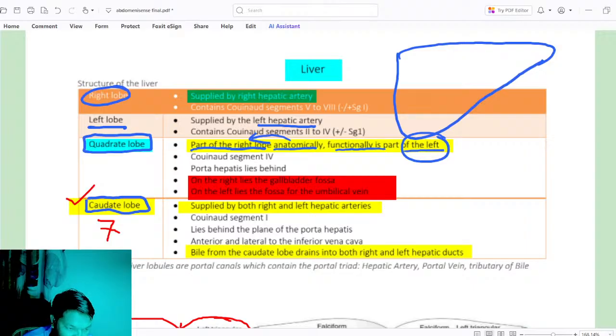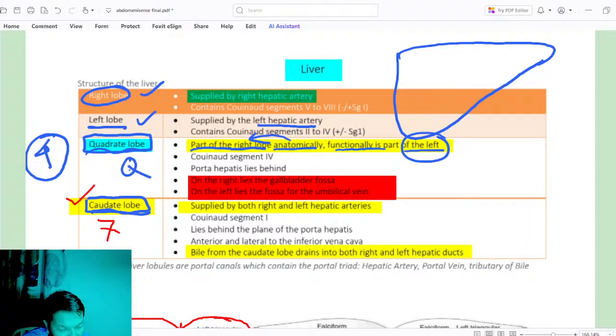We have the right lobe and left lobe, and also the quadrate lobe and caudate lobe. Total four lobes, but mainly we know the right and left lobe, with two additional lobes. The quadrate lobe comes later alphabetically and remains in the inferior aspect, related with the gallbladder, and the caudate lobe in the upper aspect is related with the inferior vena cava.